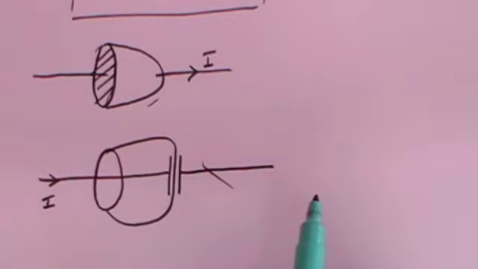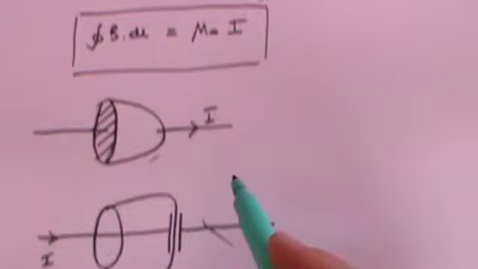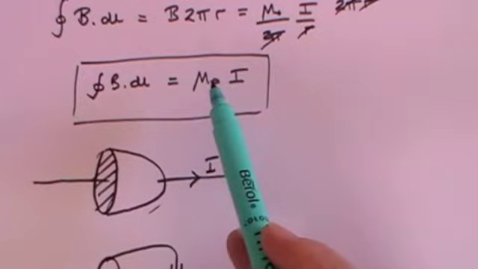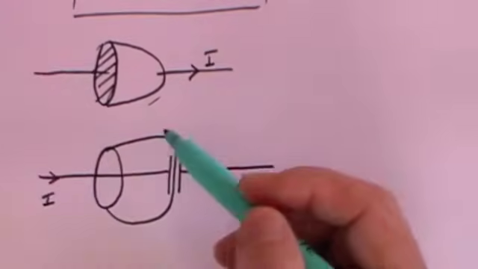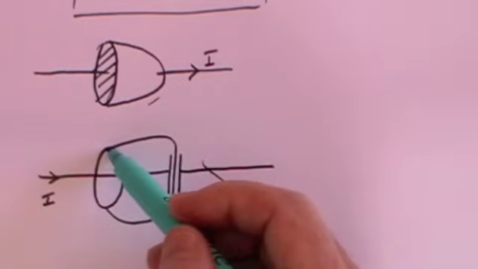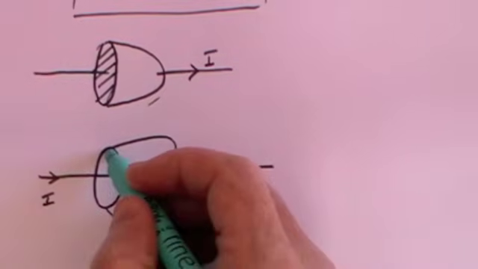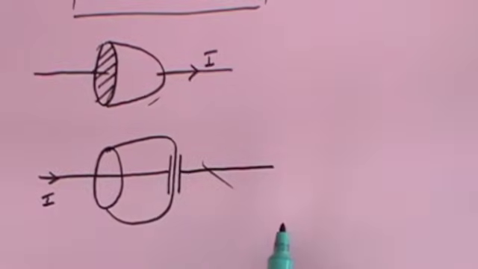The answer is no, because no current flows between the plates of a capacitor. So you'd have to say no current flows, and therefore the total B dot dl is going to be mu0 times naught, which is naught, which means you would not expect to find a magnetic field at this point on the closed loop, which is madness.